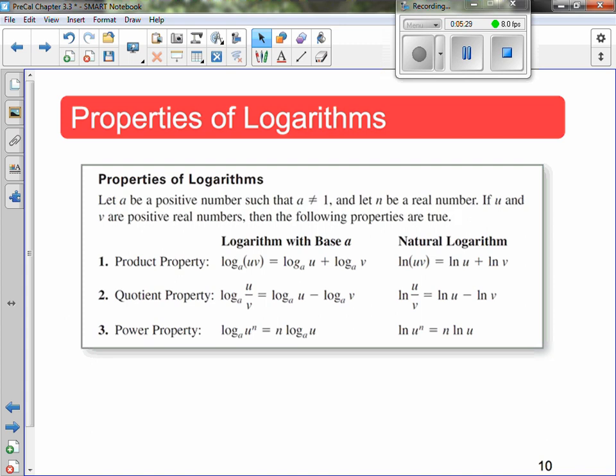Quotient property: when we have two things being divided inside the log, it's the same as log of m minus log of n. And power property: log of m to the n is equal to n log of m. So we're good with this so far. And the same thing is true with natural logs.